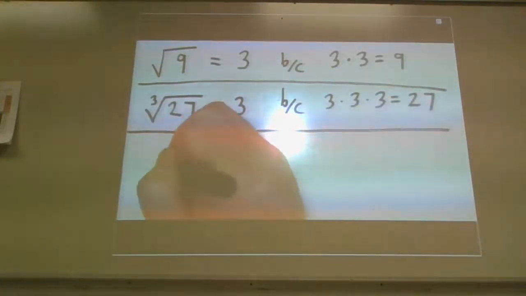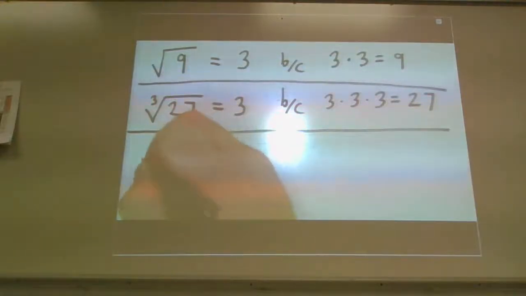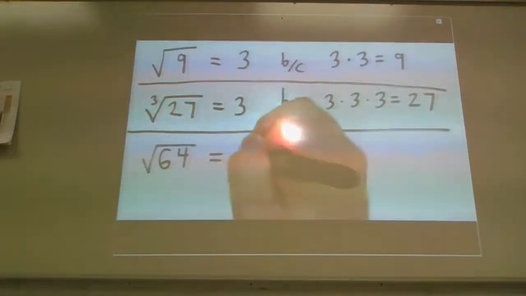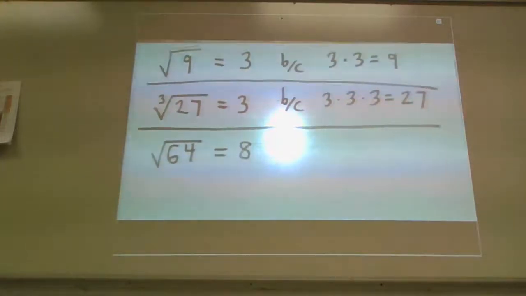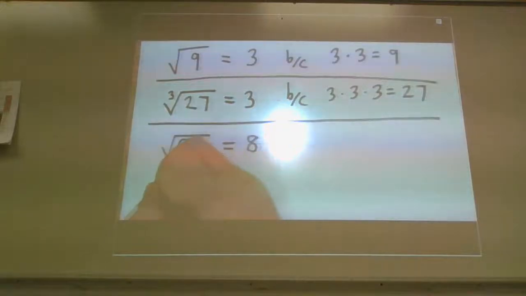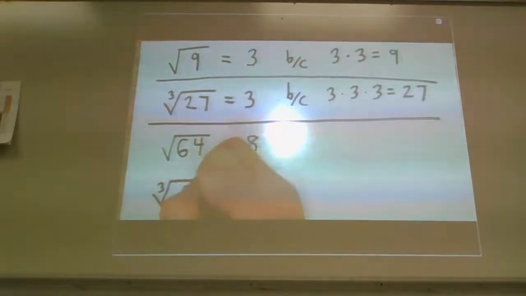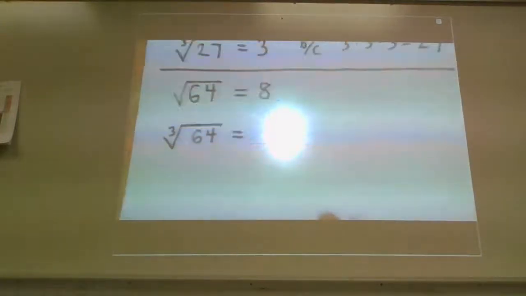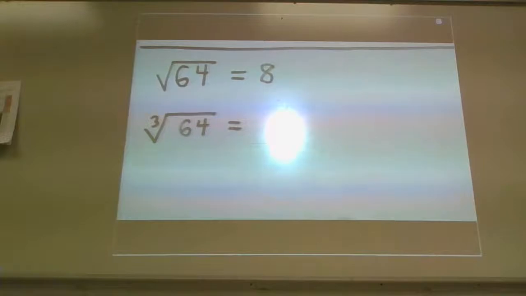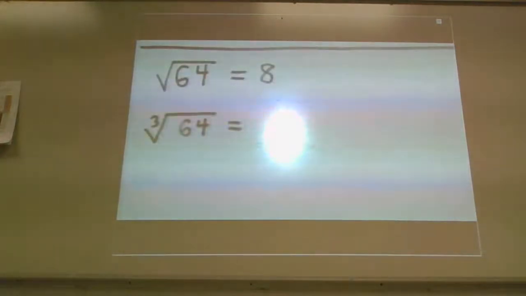Check this out. This is actually a little bit of an anomaly. It doesn't happen all the time. The square root of 64 is equal to 8. We know that. What about the third root of 64? Do you know what the third root of 64 is off the top of your heads? Can you think of a number that, when multiplied by itself 3 times, will give you 64? 4.